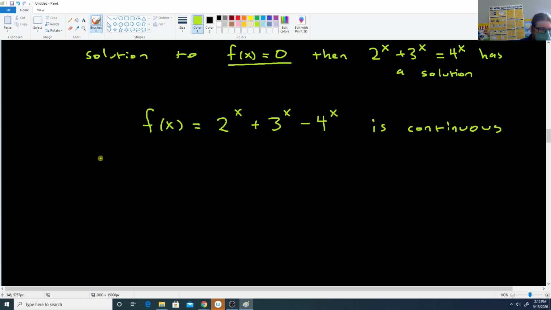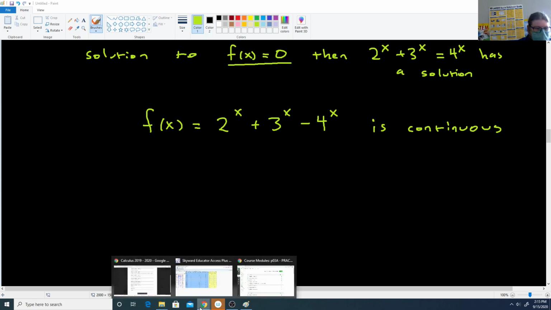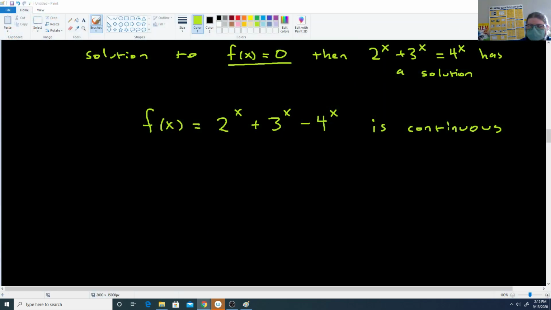So let's build a table of values and just start looking at some values. I'll do this in Desmos so y'all can see it a little easier.